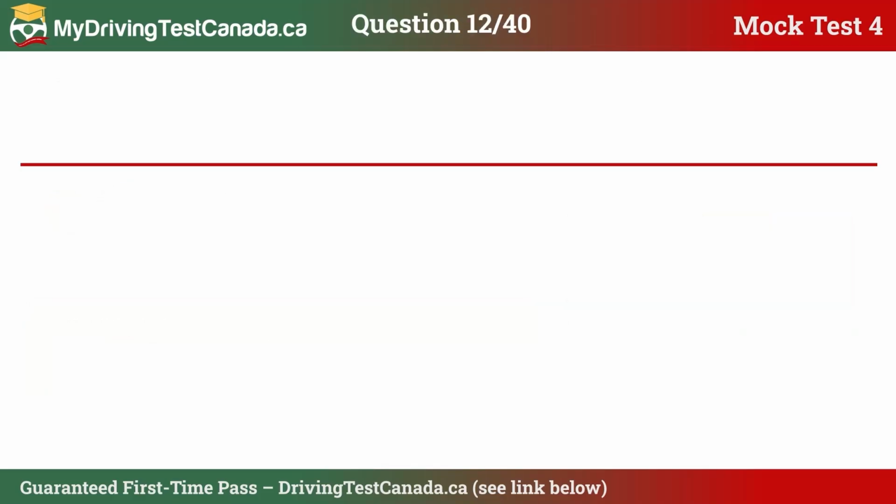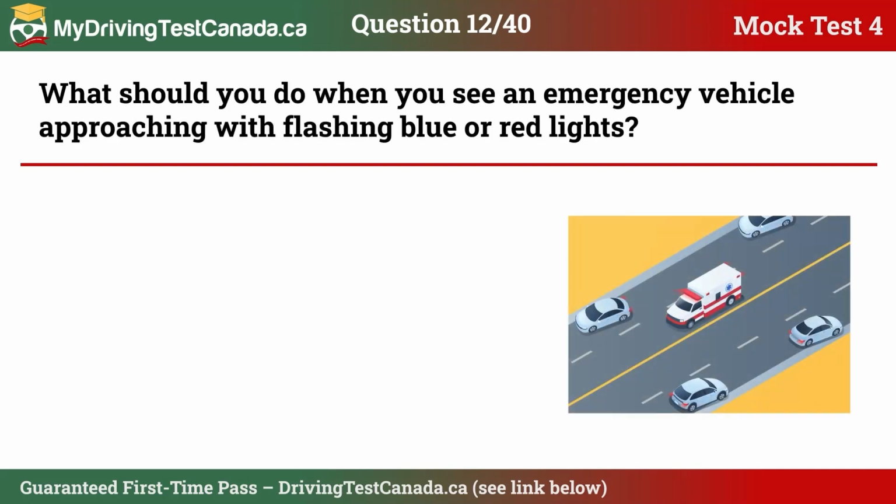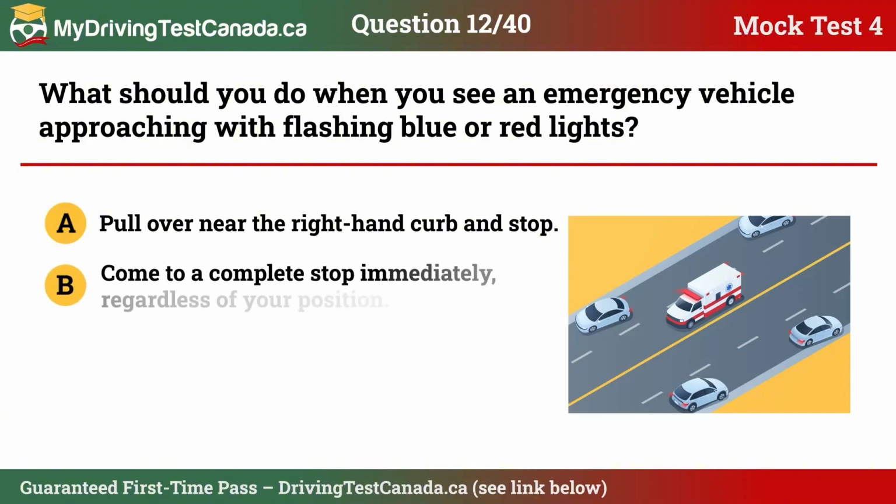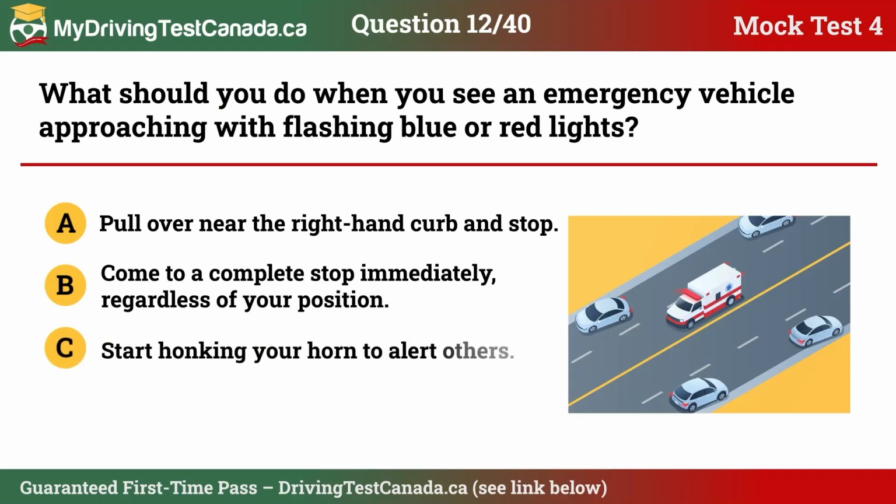Question 12. What should you do when you see an emergency vehicle approaching with flashing blue or red lights? A. Pull over near the right-hand curb and stop. B. Come to a complete stop immediately, regardless of your position. C. Start honking your horn to alert others. D. Swerve your vehicle to make way.